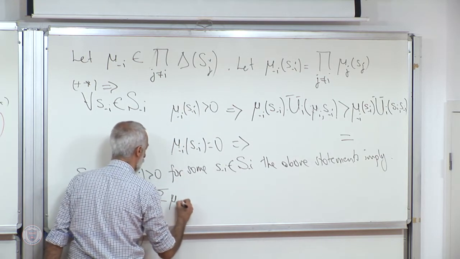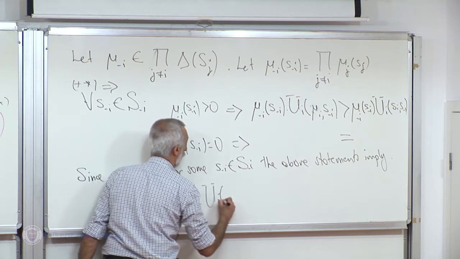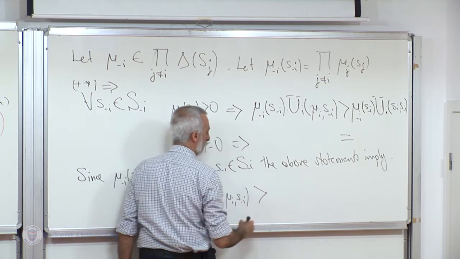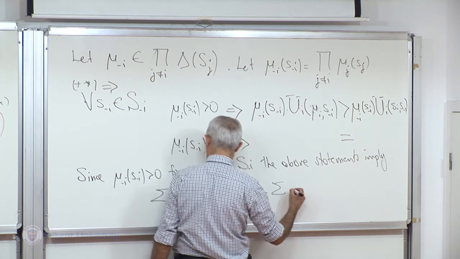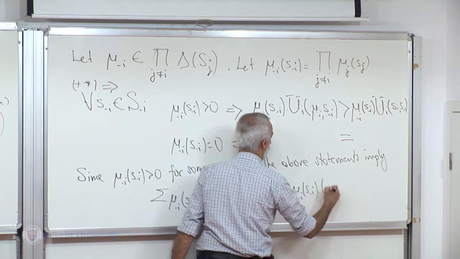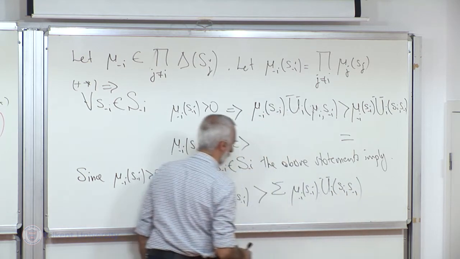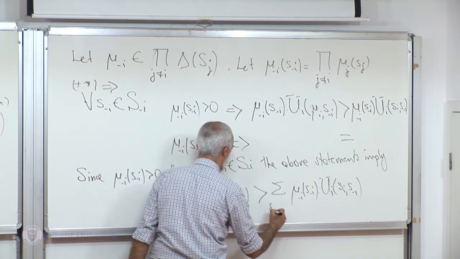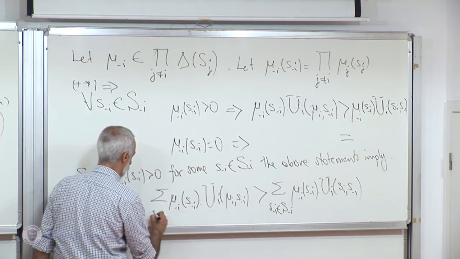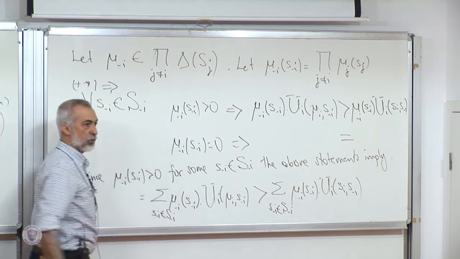Summation of mu minus I, S minus I, capital UI, mu I, S minus I, is greater than summation of mu minus I, S minus I, UI, SI, S minus I, where the summation is taken over S minus I. But what is this?